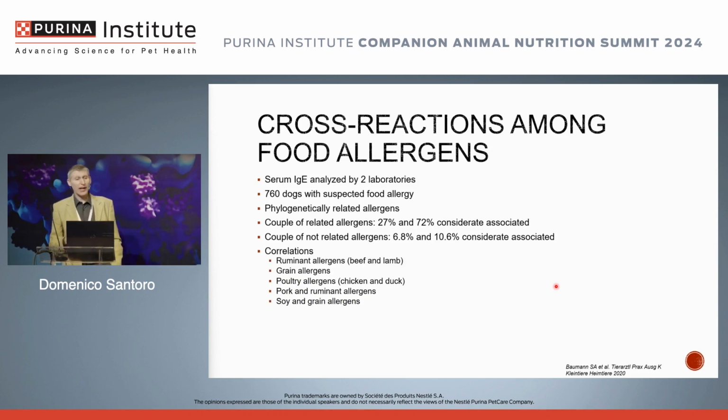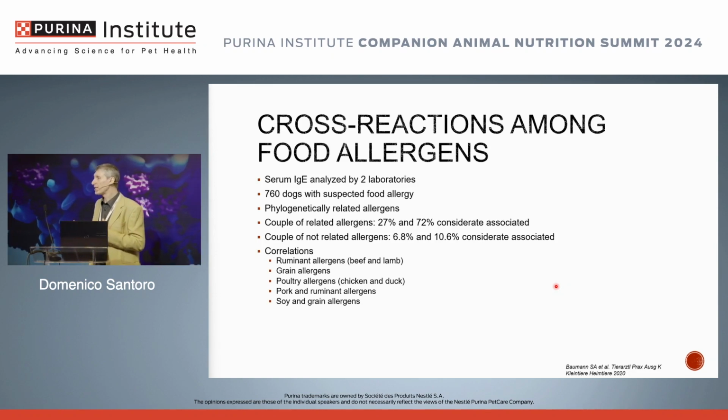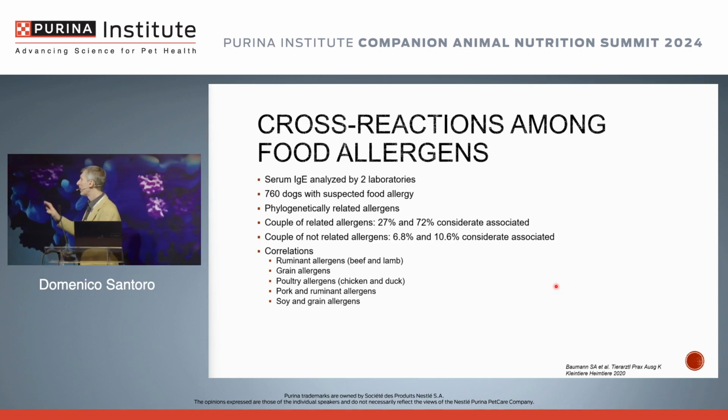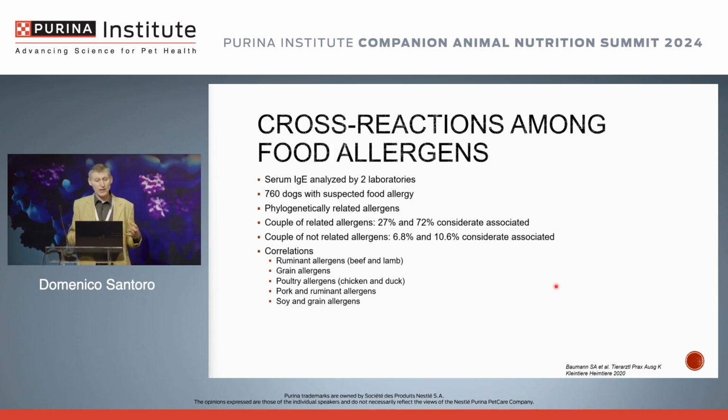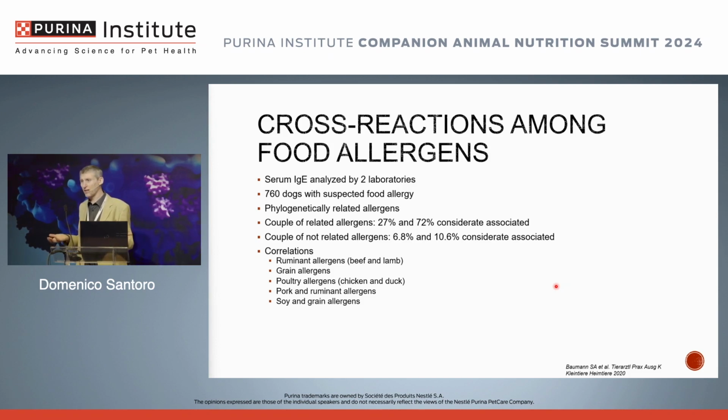When they look at correlation between ontogenically related species, there's a major correlation between ruminant allergens, specifically beef and lamb, or grain allergens, soy and grain. In the US, I learned from a student many years ago that soy is actually considered a grain.